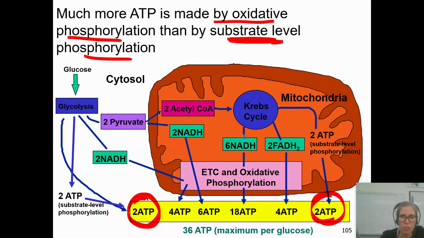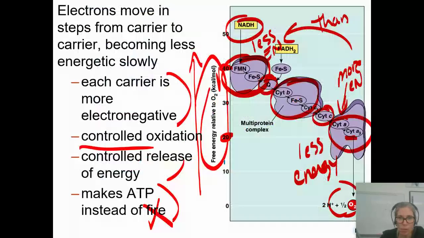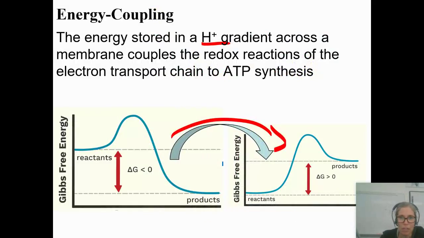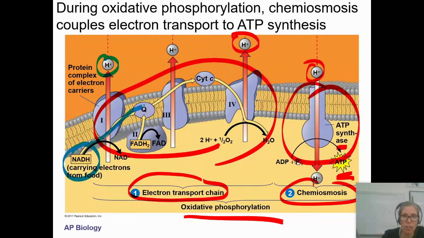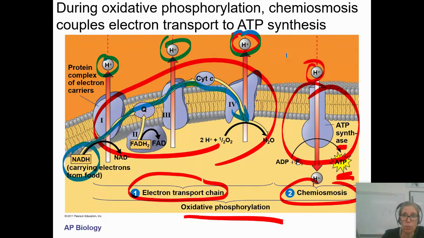In the Krebs cycle, you make 6 NADH, so 6 times, that accounts for 3 protons getting pumped, because remember, go back a little bit. Okay, so here's NADH giving the electrons, right, to the electron transport chain. That is responsible for pumping 3 protons through, which is responsible for making 3 ATPs.